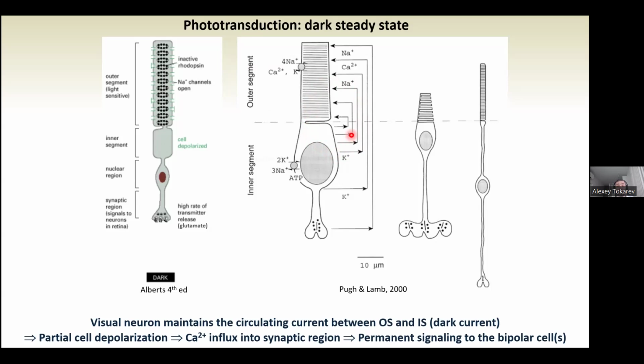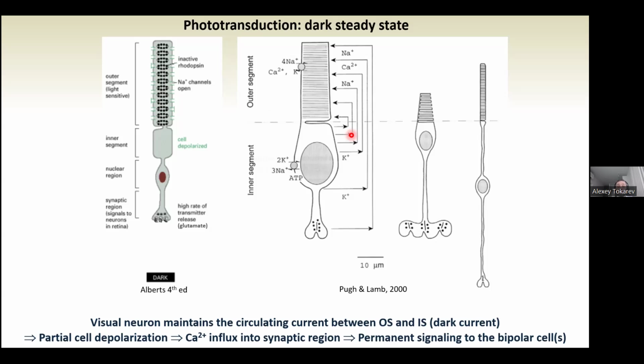Because of this, the membrane potential in every neuron is about minus 70 millivolt, and here in rods and cones it is about minus 30 millivolt, so it is lower in absolute value.